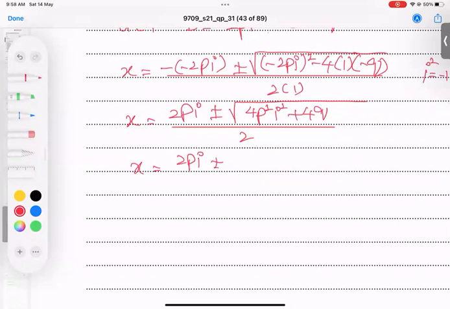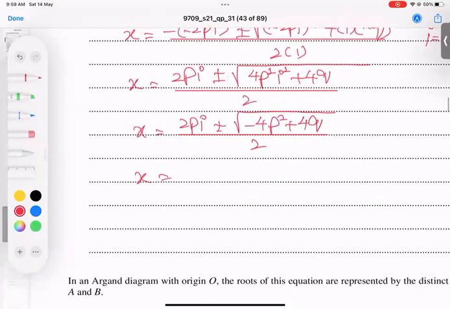Inside the root, I am getting, you know it very well, iota square is minus 1. So I'm getting negative 4p square plus 4q, divided by 2. But the question is not over, because inside the root I have 4 common: negative p square plus q.